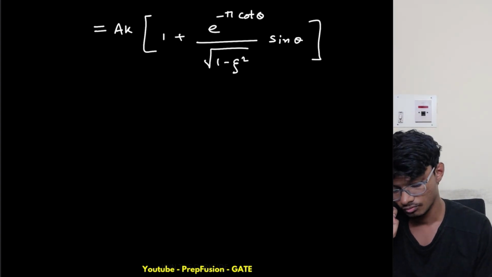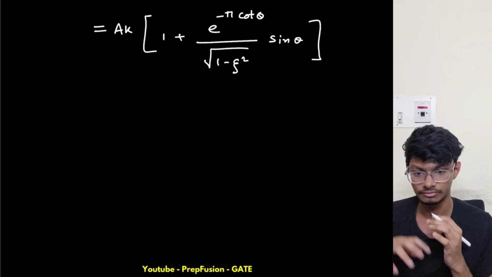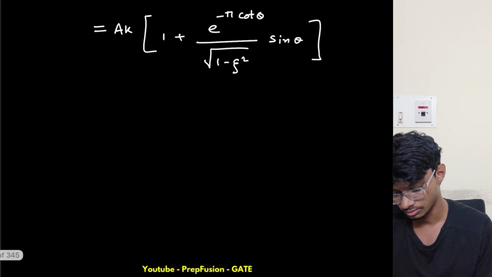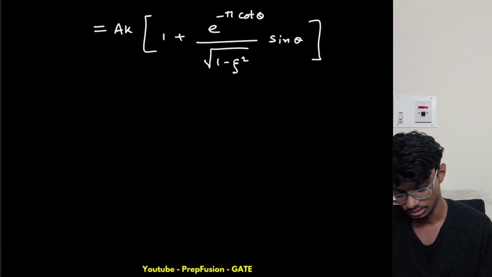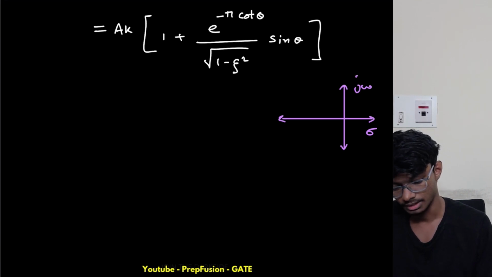Now what is 1 minus zeta square equal to? Can we again change that? So if I again draw the sigma j omega axis, this is my sigma basically, and this is my j omega. Okay, and my poles lie around here, right?